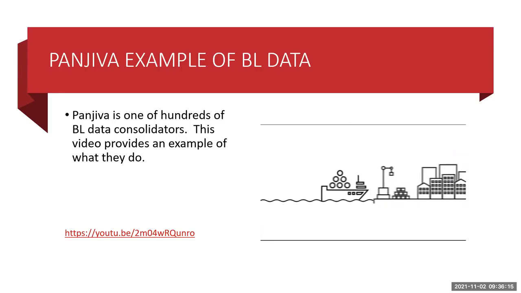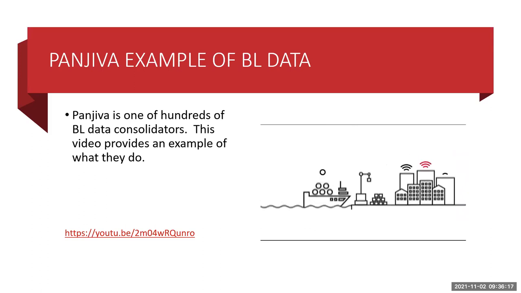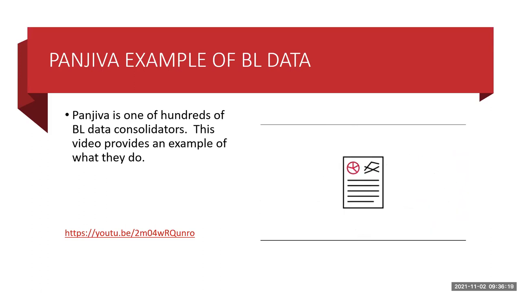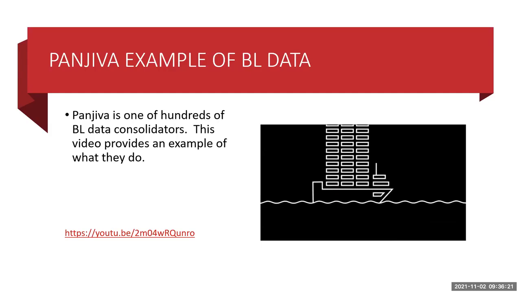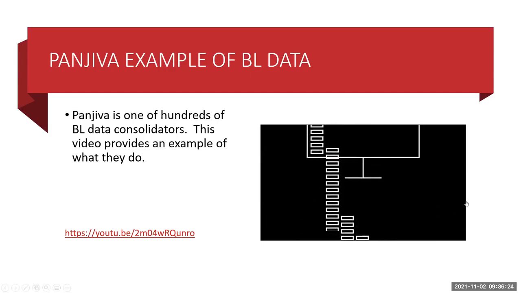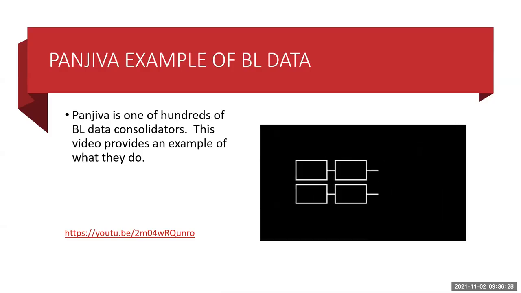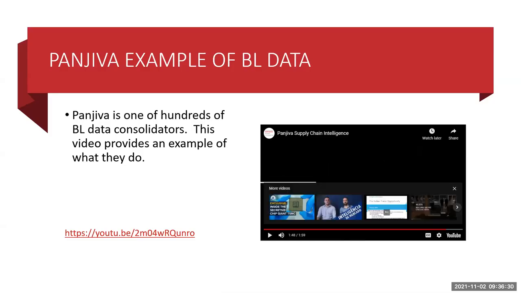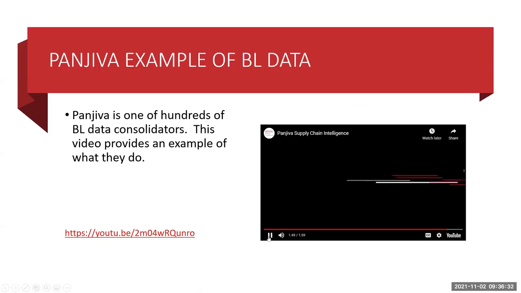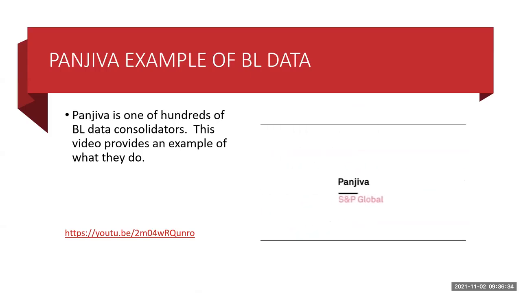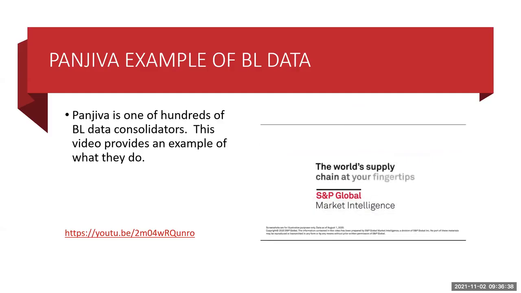You'll also have the advantage of creating specific company alerts and assessing shipment level data. Growth opportunities are out there. The Panjiva platform will help you seize them while streamlining your entire lead generation workflow. Panjiva, from S&P Global Market Intelligence, the world supply chain at your fingertips.